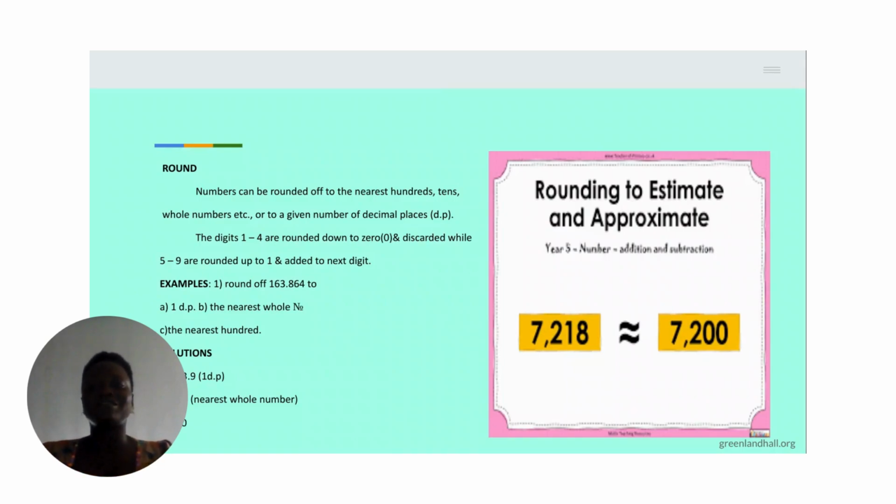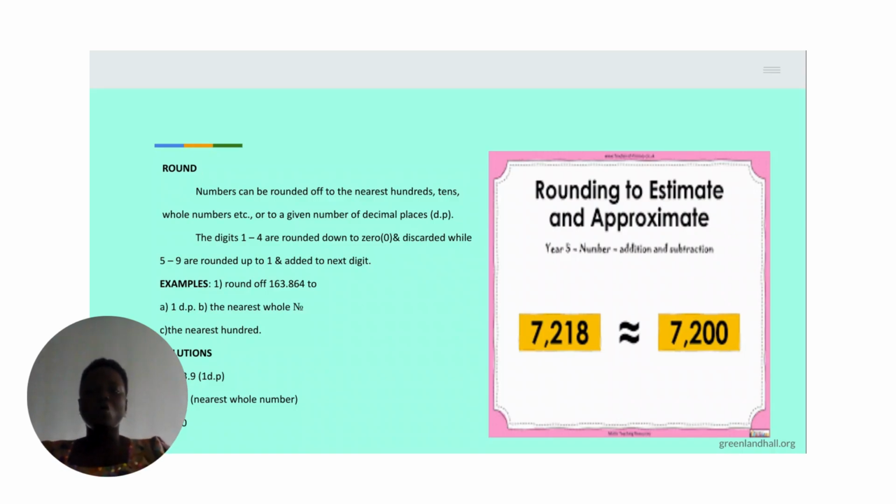Now, rounded figure. Number can be rounded off to the nearest hundred, tens, and whole number, etc., or to give a number a decimal place. The digits 1 to 4 are rounded down to 0 and discarded, while the digits 5 to 9 are rounded up to 1 and added to the next digit.